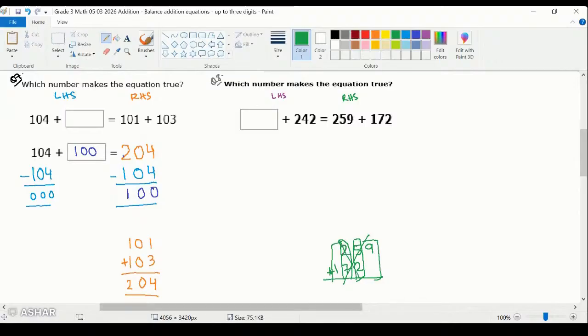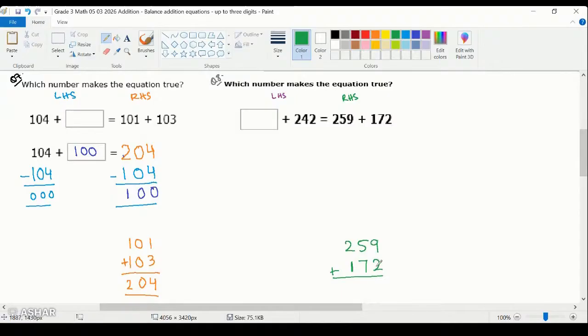A unit comes under the unit, a 10 comes under the tens, and 100 comes under the 100, right? I changed the positions. So it's incorrect. So I should write 259 plus 172, where 100 comes under 100, 10 comes under tens and unit comes under units, or ones comes under ones. Yes, thank you, Rekha.